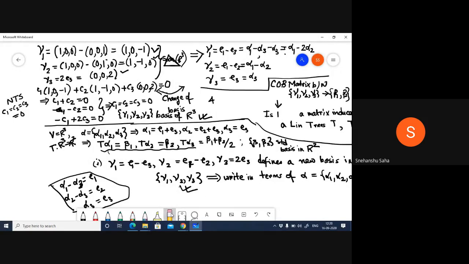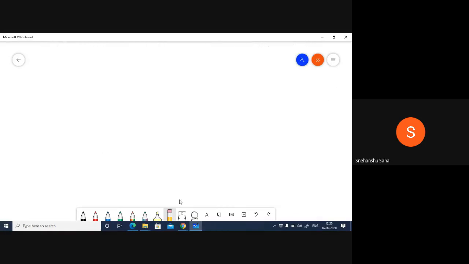And what we need to do now is express, so basically we need a matrix of linear transformation like this, from a basis of gamma to a basis of beta. So we need an expression in terms of gamma and beta.